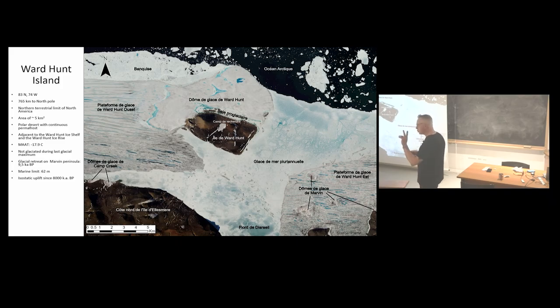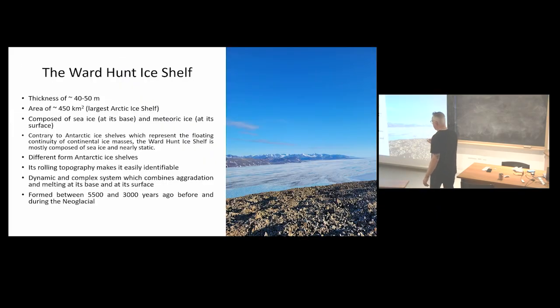So it makes a two-layer system. The one that I study is 40 to 50 meters thick. So you have 50 meters of ice that accumulated over so many years. It's composed of sea ice at the base and, like I said, meteoric ice on top.